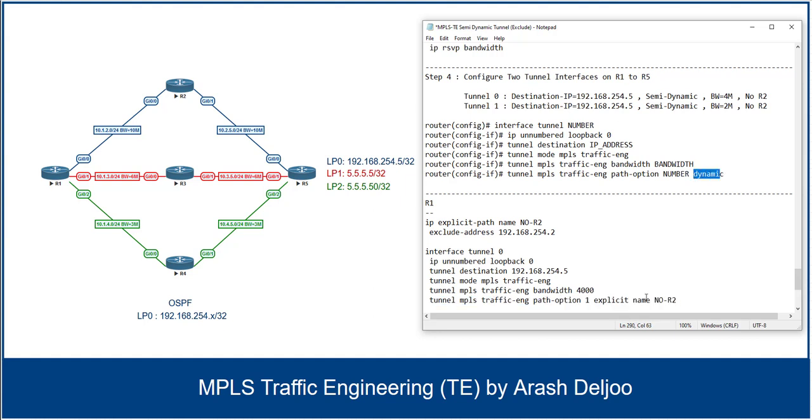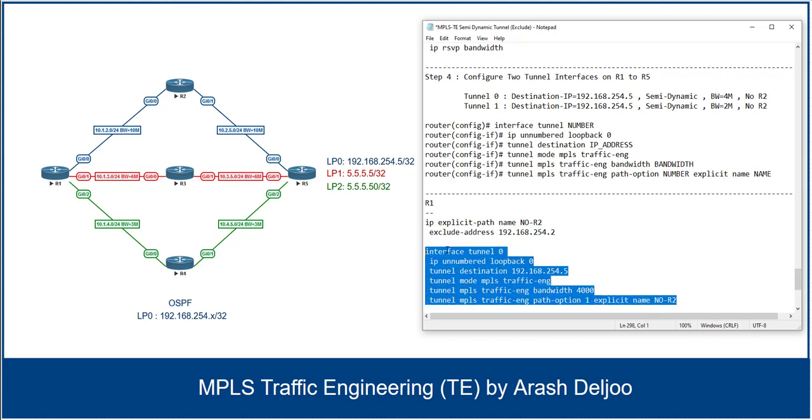Don't forget, actually, it is similar to the configuration of the explicit method. But this is not explicit method. Why? Because in the explicit path, we didn't configure the actual next hops. We configured please don't pass from this IP address, exclude address. This is semi-dynamic. Why?